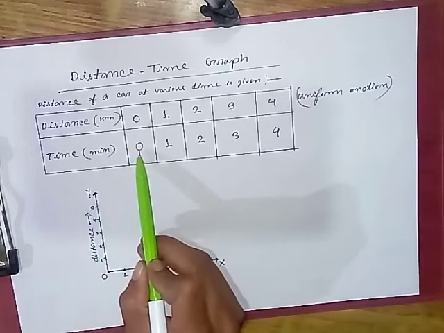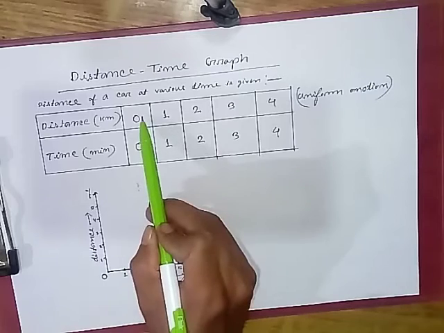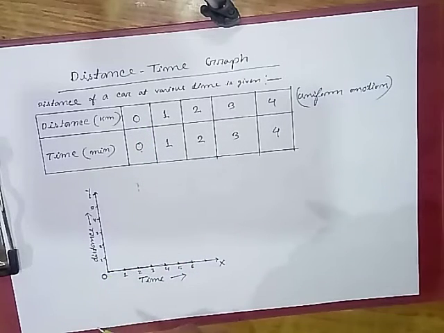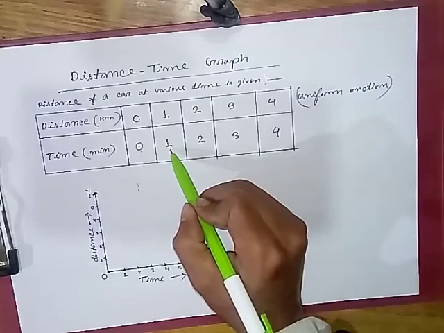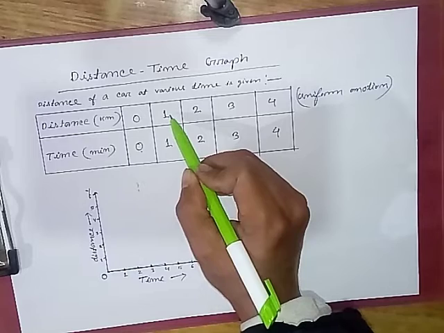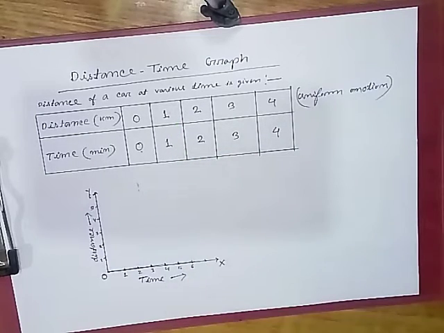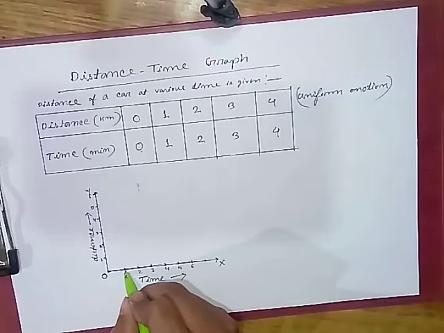Now in 0 minute 0 kilometer. Nothing to do here. In 1 minute 1 kilometer. The car goes 1 kilometer in 1 minute.